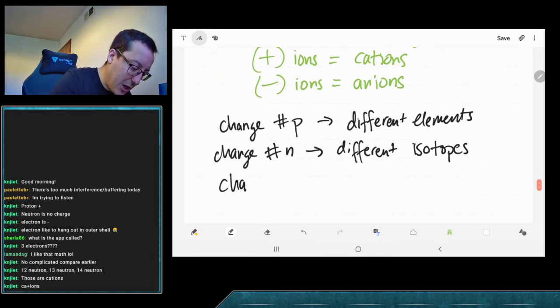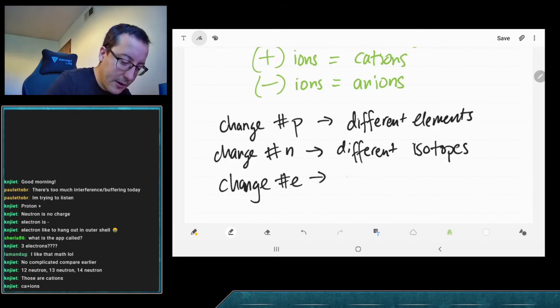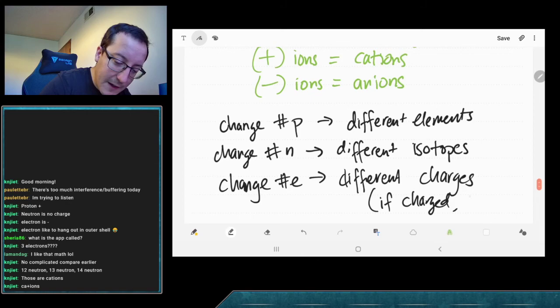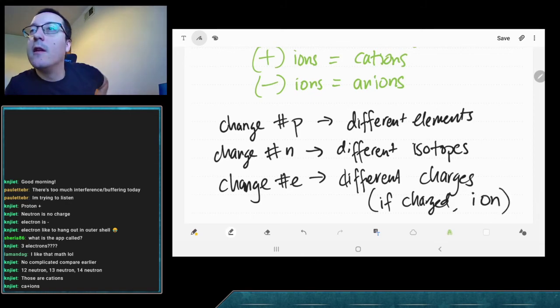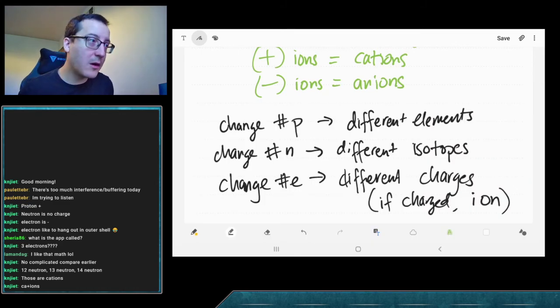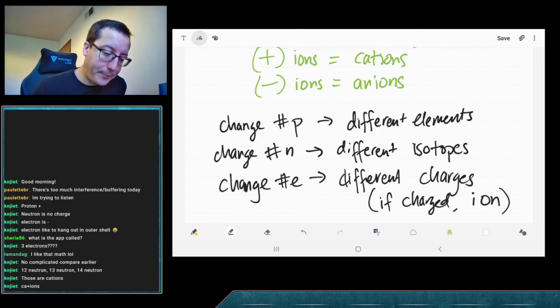And if we change the number of electrons, those are going to make things different charges. And then if it's charged, we call it an ion. So we're going to have all this vocabulary here for understanding how to compare these things. So, yeah, we can do a couple examples.